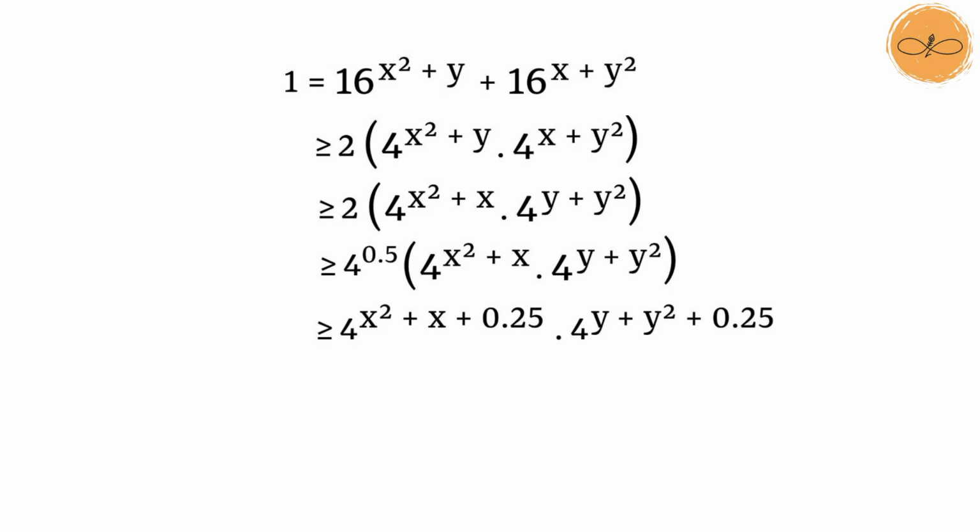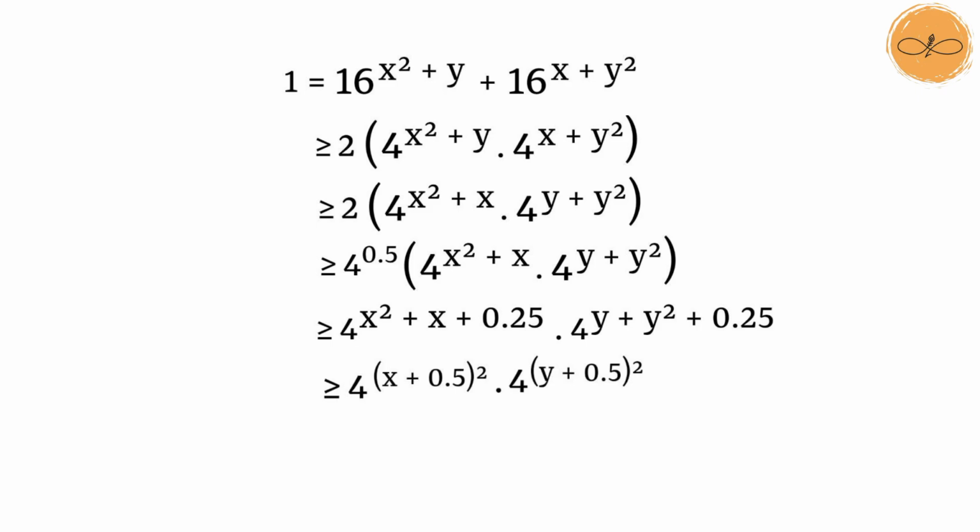So this is equal to 4 to the power of x squared plus x plus 0.25 multiplied by 4 to the power of y plus y squared plus 0.25. We will factor each of these exponents, the first factors to be x plus 0.5 the quantity squared, and the second is y plus 0.5 the quantity squared.